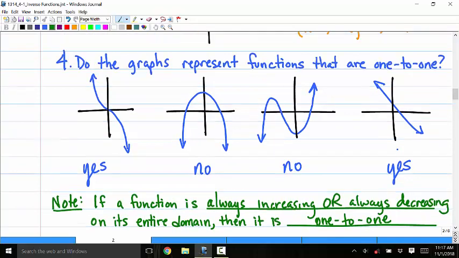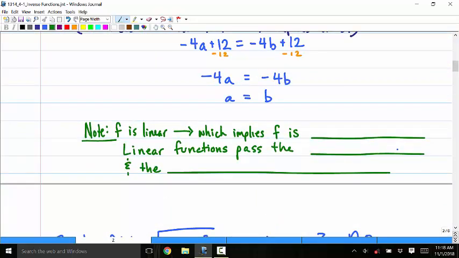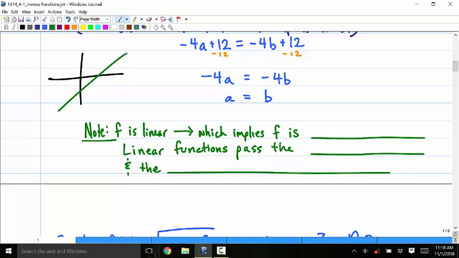Back up to the other green. If f is linear, what does that mean? That means the graph of f is a line, right? This line is always what?